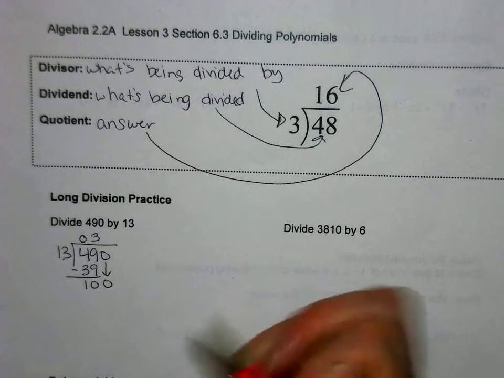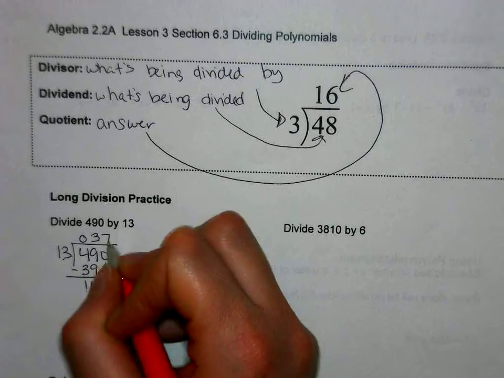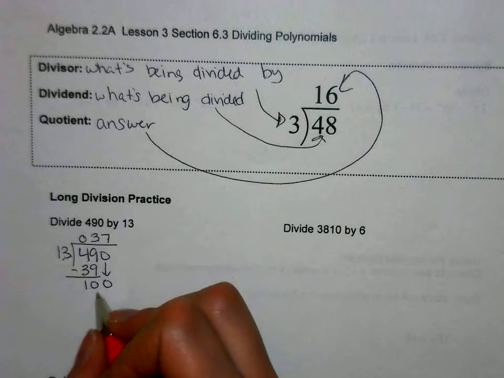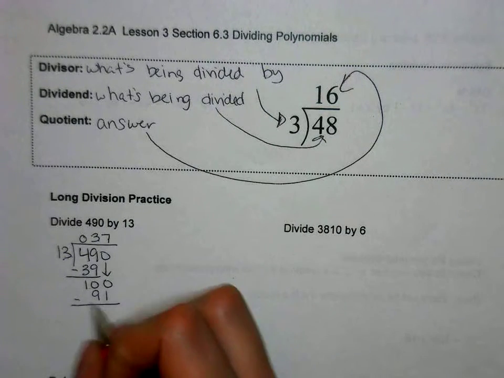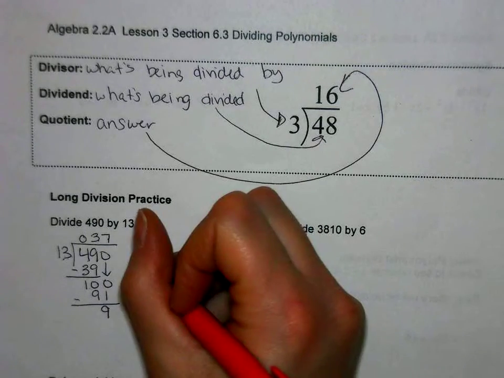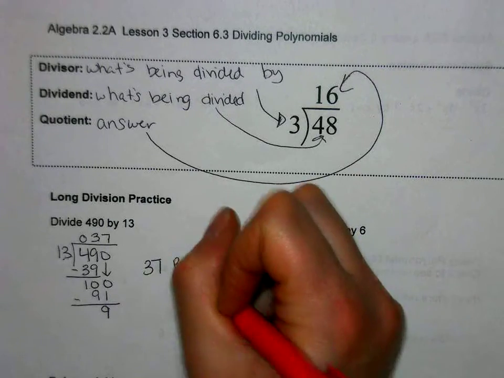Bring down our 0. 13 can go into 100 7 times. 7 times 13 is 91. Subtract those. 100 minus 91 is 9. So our quotient is 37 with a remainder of 9.